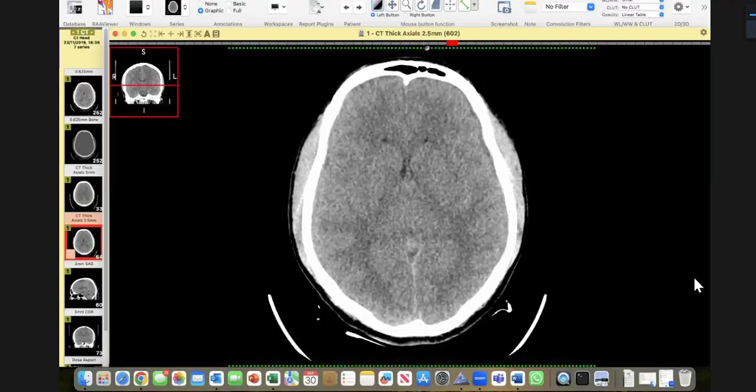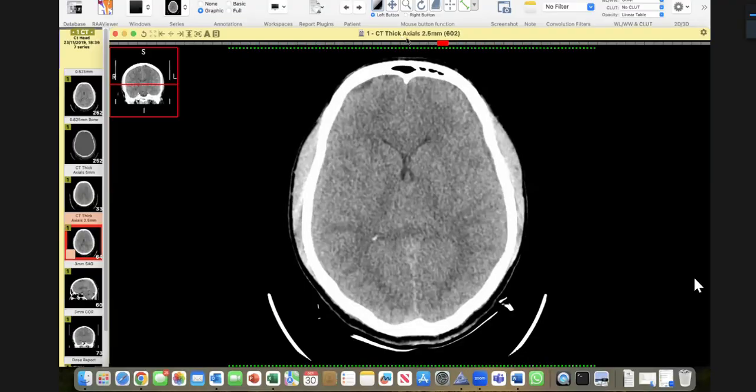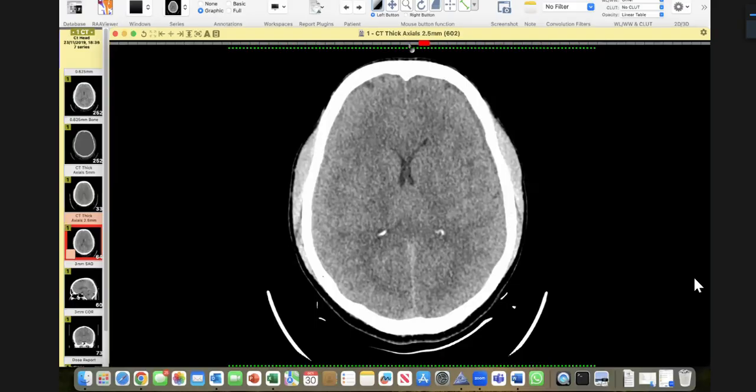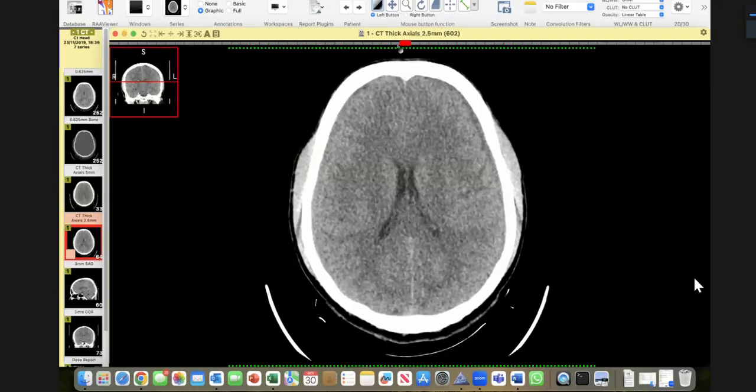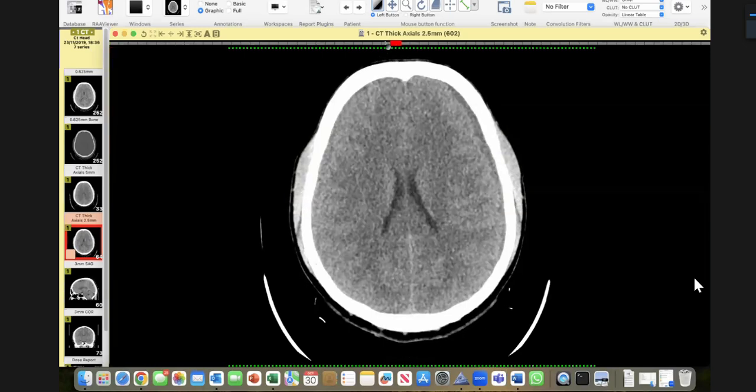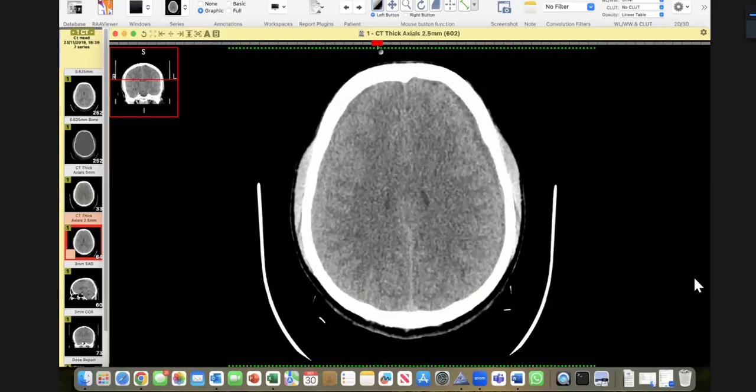I cannot see any extra-axial collection. There is some suspicion of subtle hypodensity along the left frontoparietal region. That could be a subdural collection.